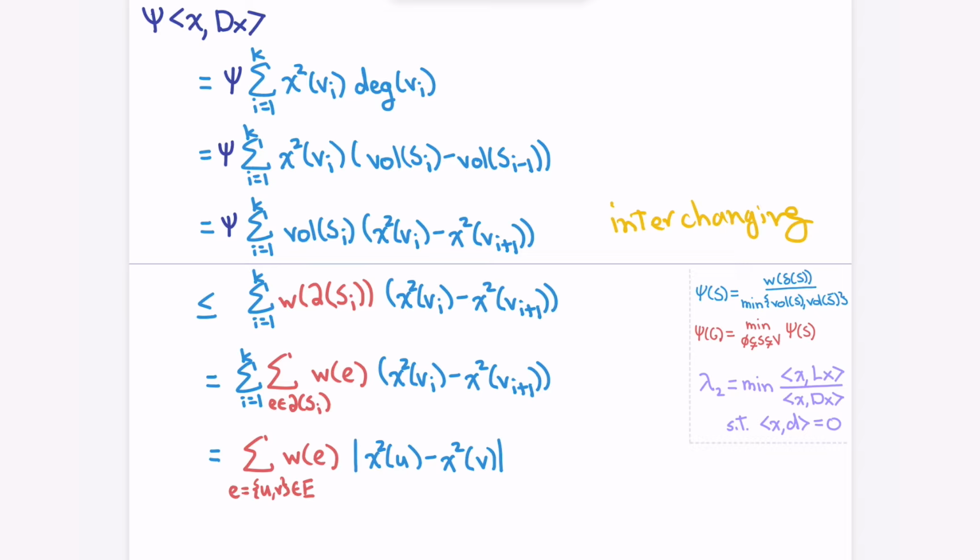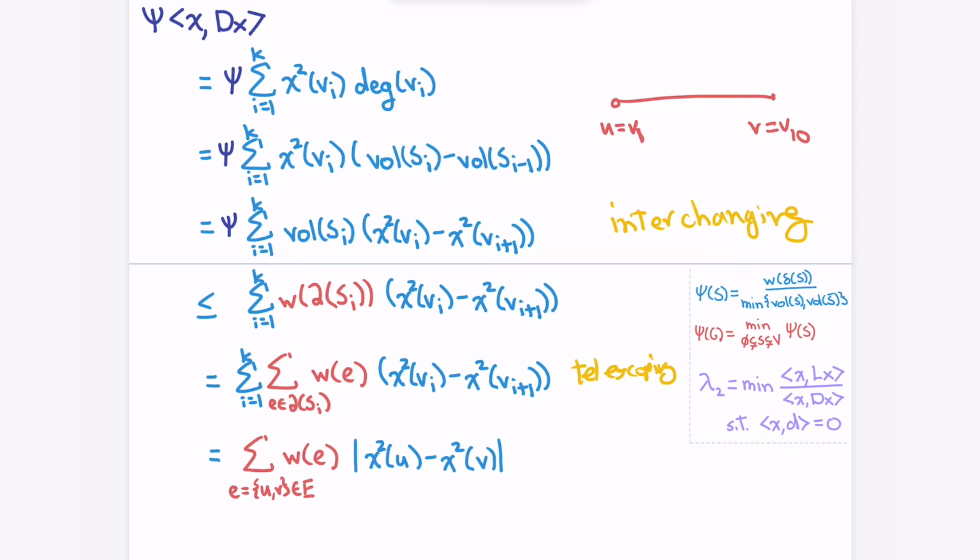Yeah, at some level we switched the sum, but then how did I collapse this? Actually, I think so. We did it, guys. But maybe a picture would be easier. Because at some level, I have u is equal to some v_i, so let's say v1, and then v is equal to, I don't know, v10 or something. And so that's their absolute difference squared.